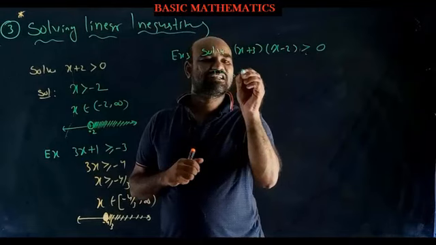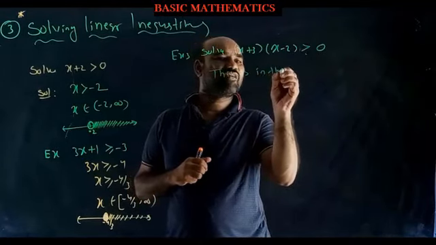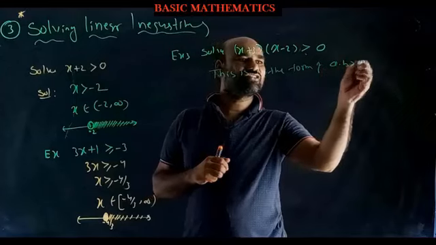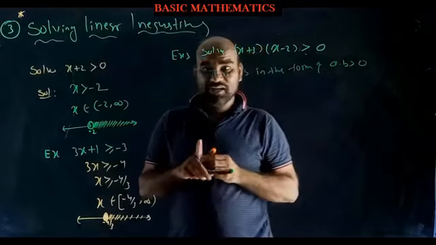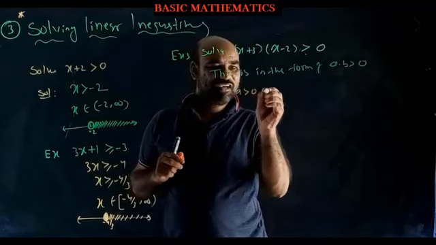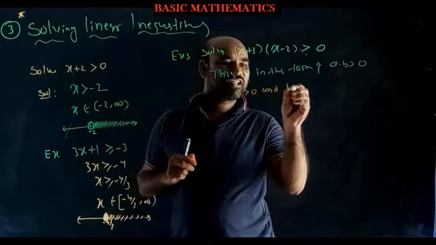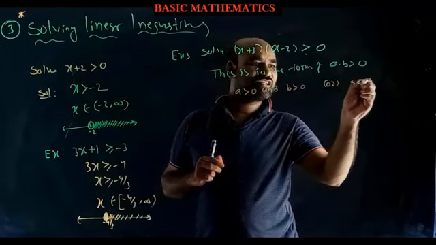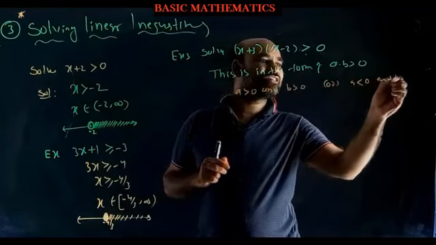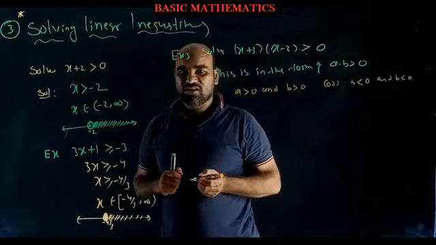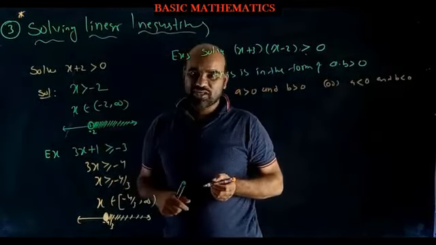This is in the form of a into b greater than 0. I already explained a into b greater than 0. Two things happen: a greater than 0 and b greater than 0, or a less than 0 and b less than 0. Product is positive means both should have the same sign. Both should be positive or both should be negative.